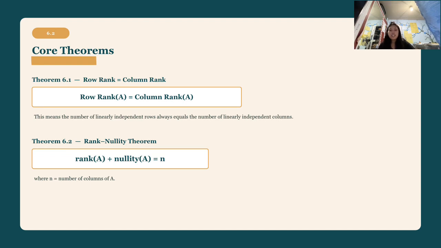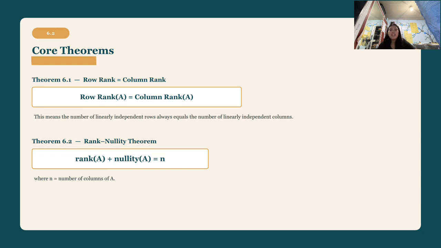Now, let us study two very important theorems. The first theorem states that the row rank is equal to the column rank. This means that regardless of whether we count independent rows or independent columns, we will always obtain the same value. The second theorem is called the rank nullity theorem.